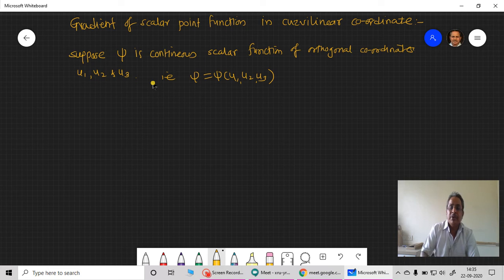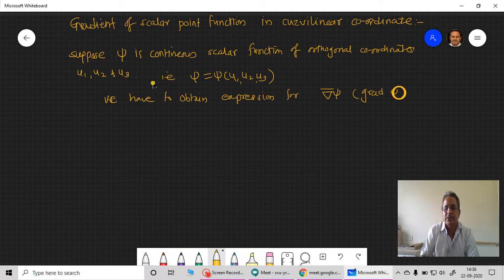We have to find out, we have to obtain an expression for, in vector form, grad psi. In words I write grad psi, and this is the symbol, grad psi.